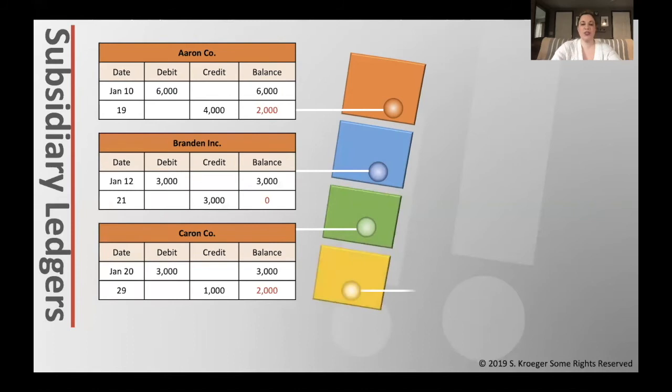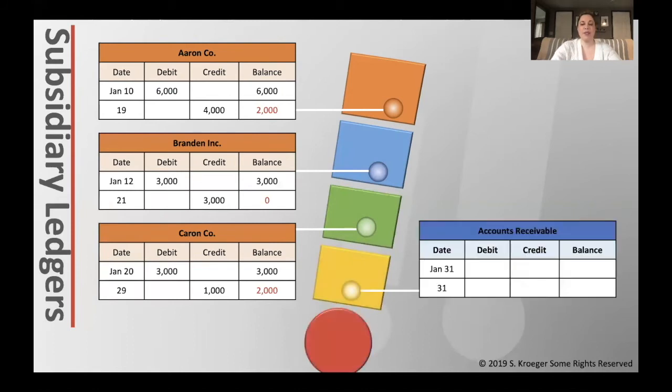What we need to do at the end of the month is update the main control accounts. We have the accounts receivable control account here, and the dates are already put in. As you can see, it's January 31st because it's the end of the month. Like I said, this is very simple to do.